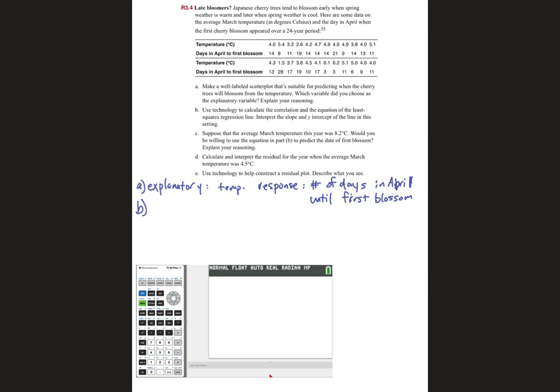Okay, and I should label, for part A, they say to make a well-labeled scatter plot. So you should be making a scatter plot. I'm not going to do the whole thing.